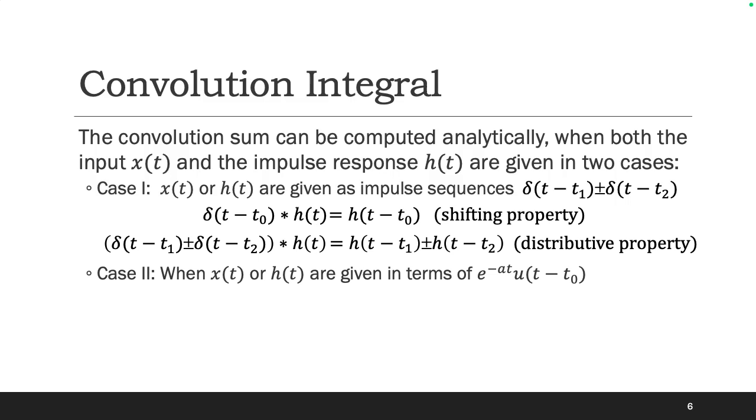Do you know why the xt and ht are given in this form? What's this? I never talked about this before, but do you know what this is? The ut, actually we can ignore that because the ut will be removed when t is greater than or equal to t naught, am I right?